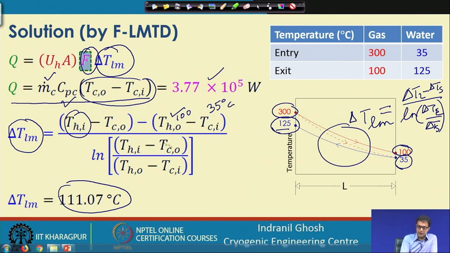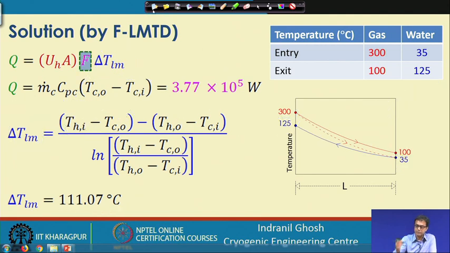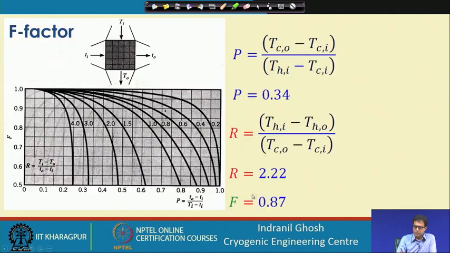So accordingly, the hot inlet is 300 and the cold exit is 125. If we put in these values, we will find delta T log mean as 111.07 degree centigrade.